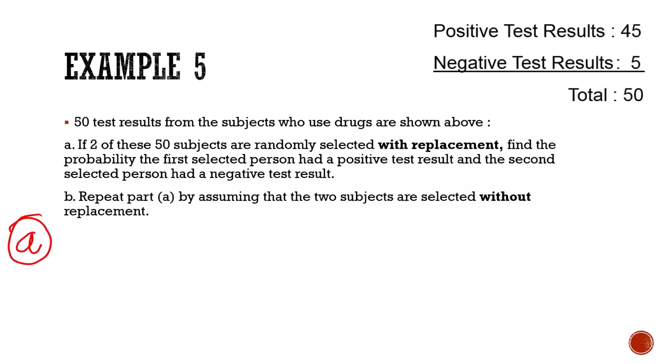So in A, with replacement, are these 2 choices, the first person and the second person, independent or dependent events? They're independent, right? Just like flips of a coin, because that person's going back. So these are independent.